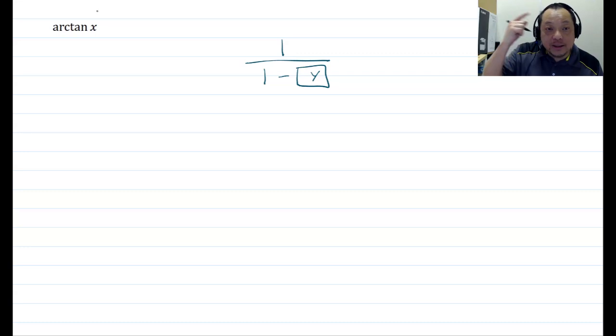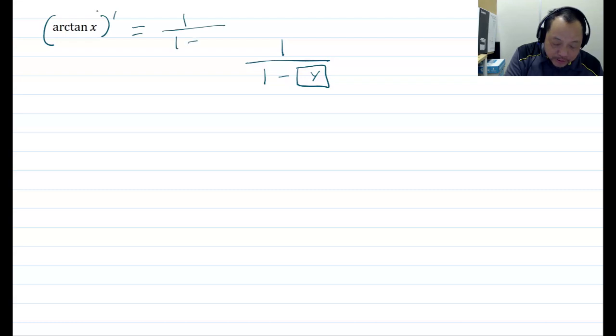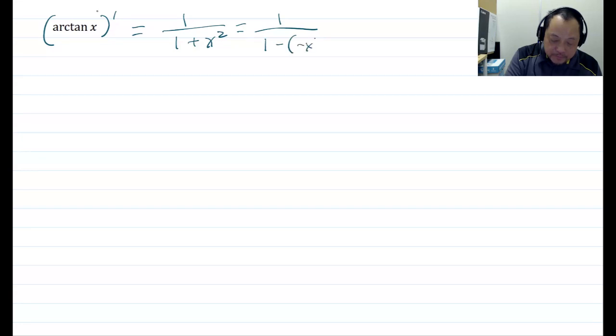So as soon as I start thinking of all the formulas I know, then I remember that the derivative of arctangent is 1 over 1 plus x squared. And this one is of the form 1 minus something, and therefore I can apply the geometric series to it.